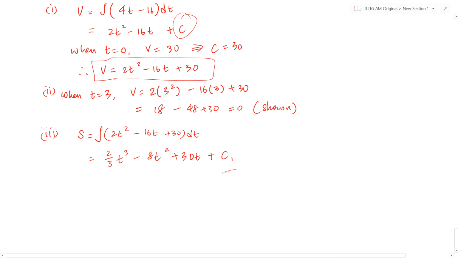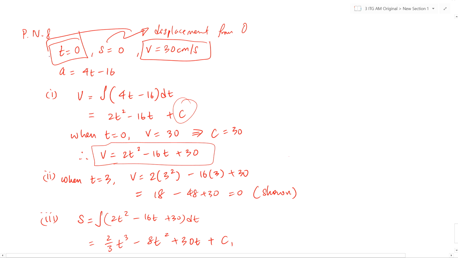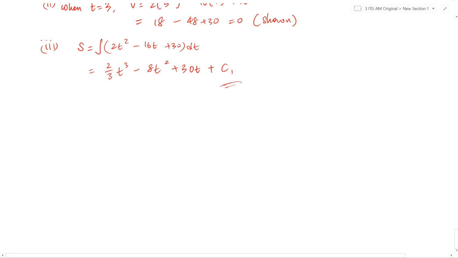How do I find out this value of C1? In order to find this value, I need a confirmed displacement with a confirmed time. In other words, I need a set of coordinates. When time equals 0, do you know the displacement? 0. That is fixed, that is something that we already know. Why do we know that? From the question. When time equals 0, s is equal to 0. So we will need to substitute this in to find the value of C1.